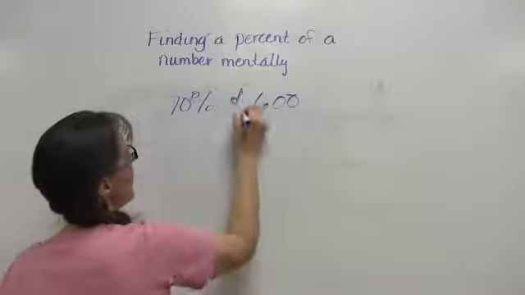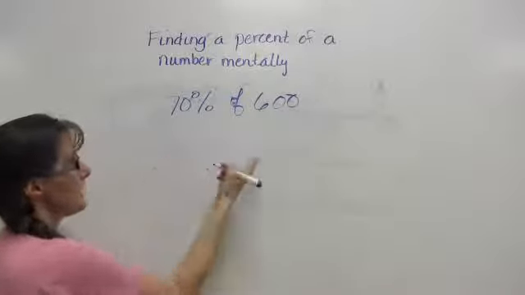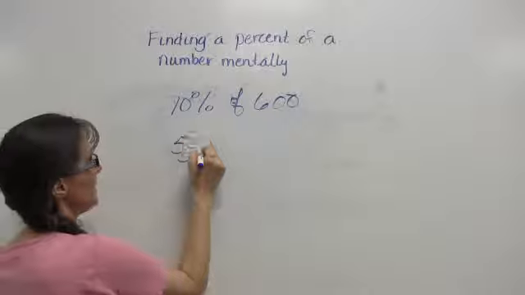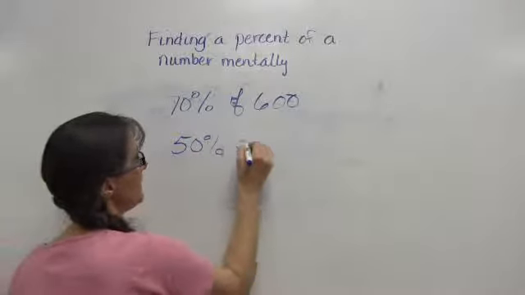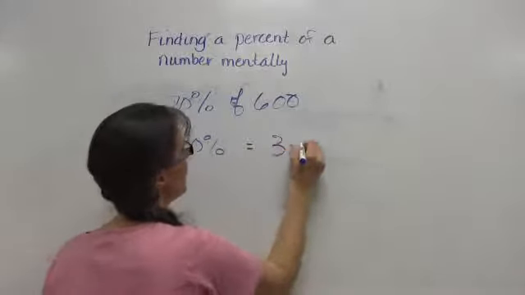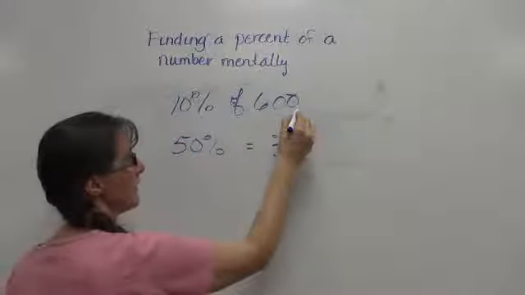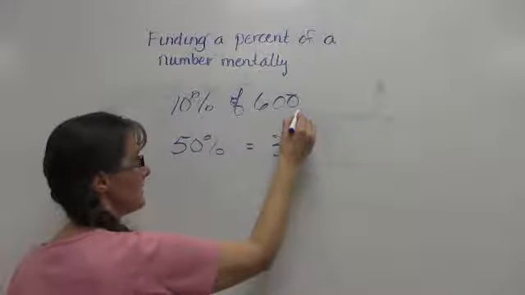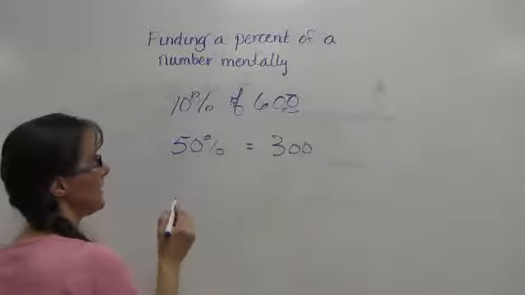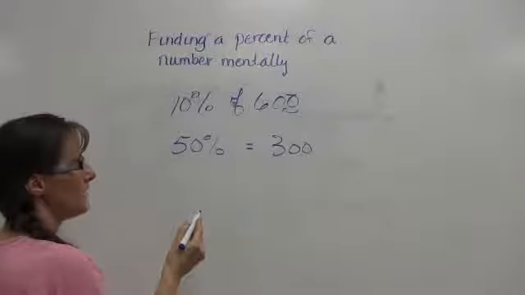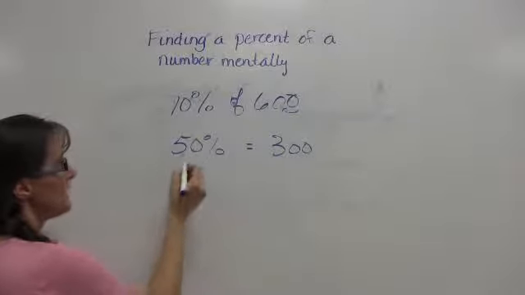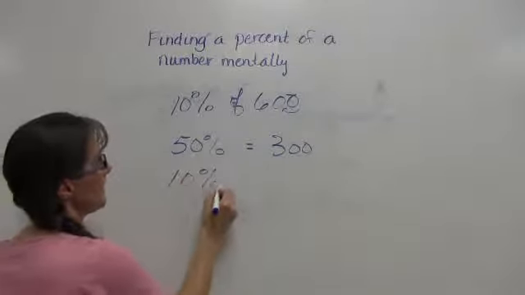So I know that 50% of 600 is 300. And I know that 10% is like dividing by 10, so that's moving the decimal place once. So 10% is 60.